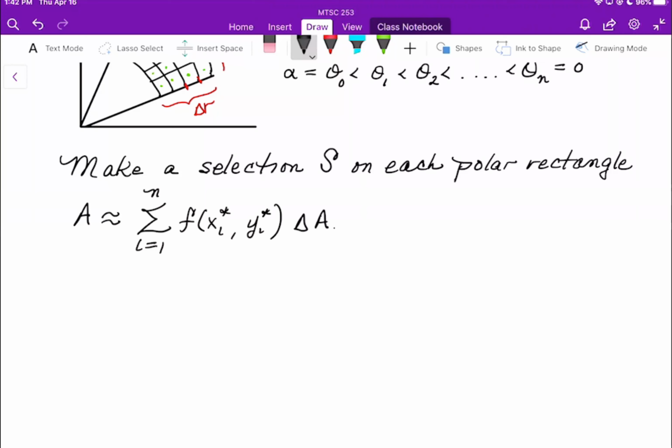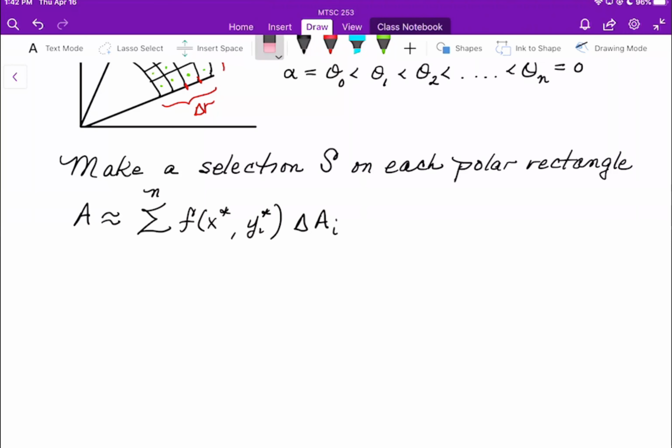delta Ai. And I think normally I use k, so let me stick with my normal notation so as not to confuse anybody. So I'm going to rewrite that as the sum k equals 1 to n of f.